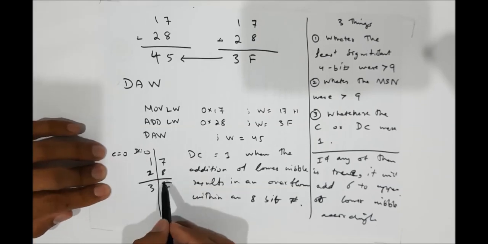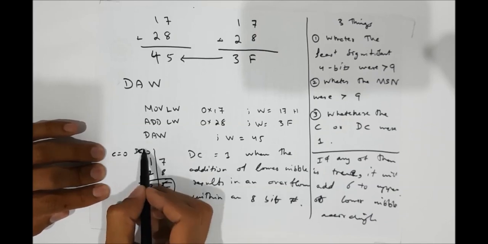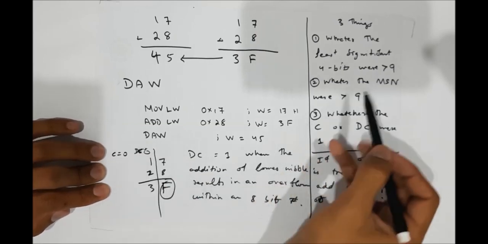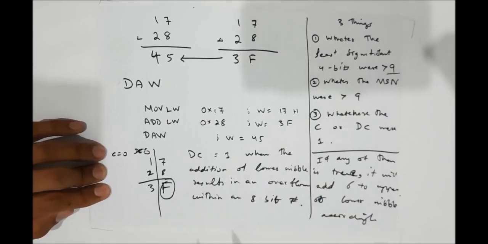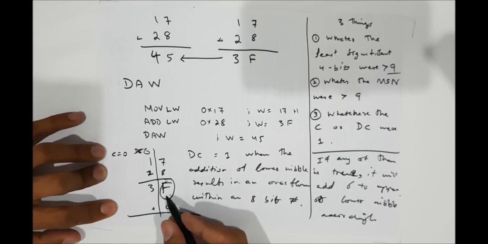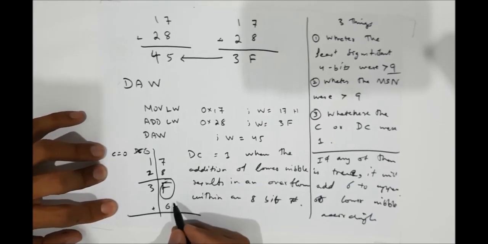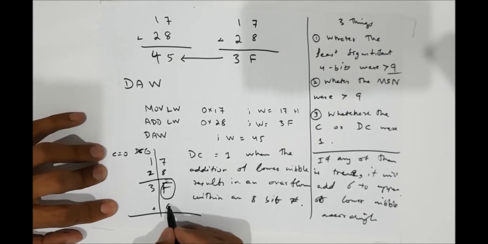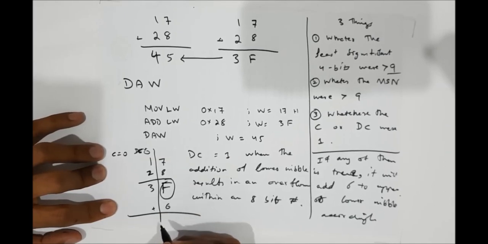But this lower nibble is equal to F, that is greater than 9. So it will add 6 to the lower nibble because the lower nibble was greater. F plus 6, meaning 15 plus 6, is what? 21, that is equal to 5. Now F is already the maximum value that can be stored in a 4-bit number.